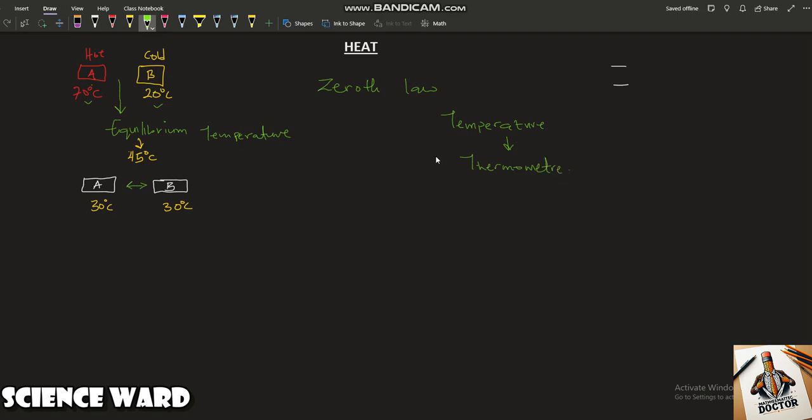The thermometer is an instrument used to measure the temperature, or the change in heat energy, between two objects. And of course, there's always a transfer of energy, don't forget, whenever the objects are not in equilibrium. But if they are in equilibrium, there won't be a transfer of energy.